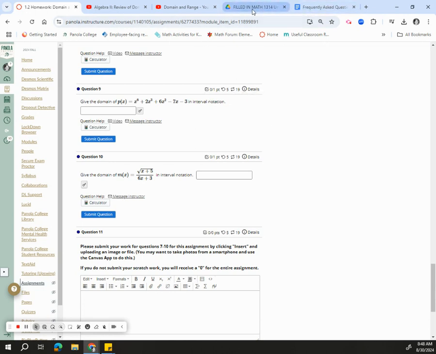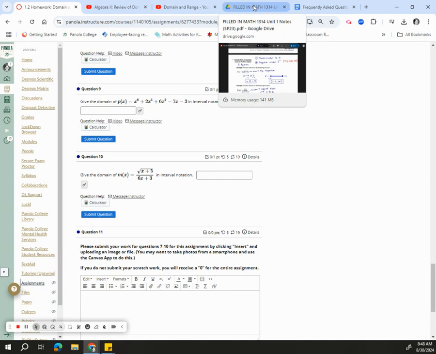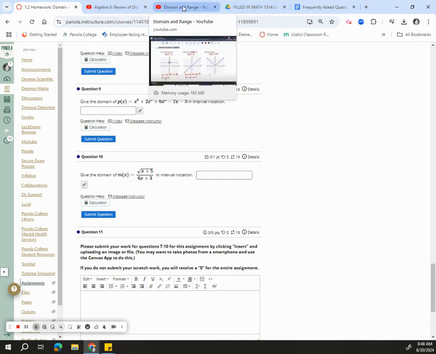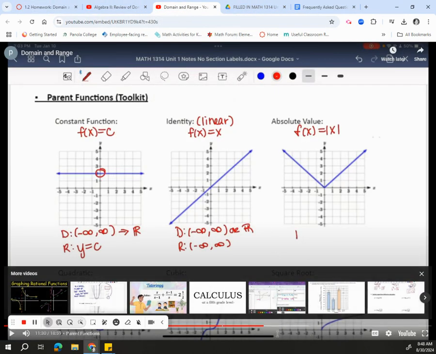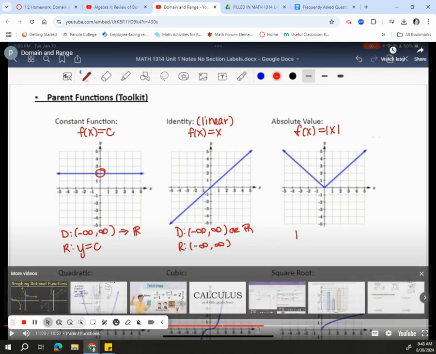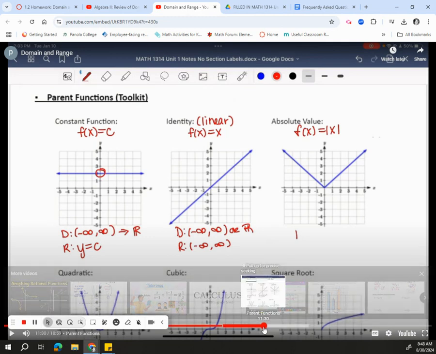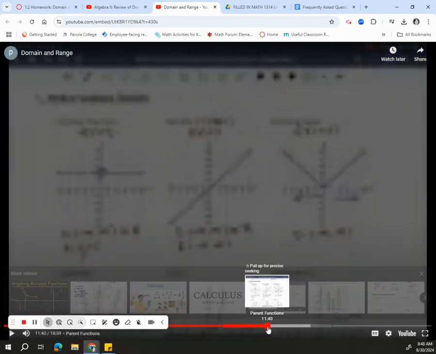So if you're just looking at it thinking what in the world does that even mean, then you can go to the notes being filled out. So that would be the 1.2 lecture video.